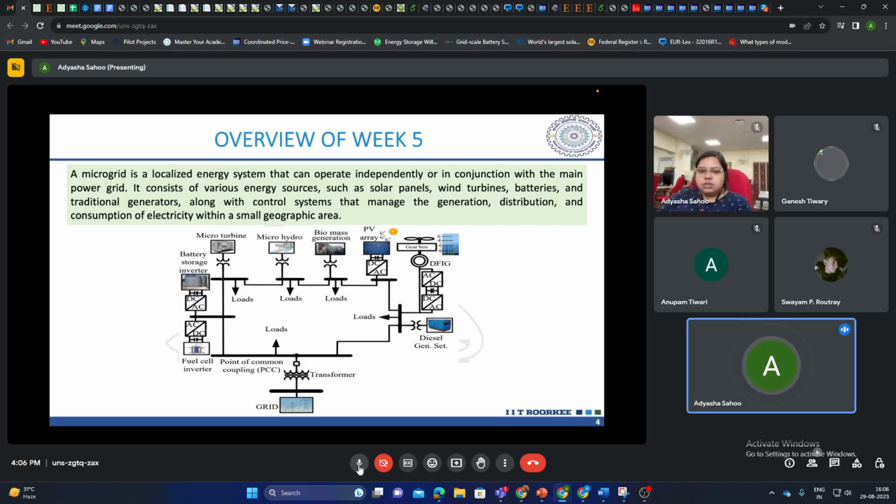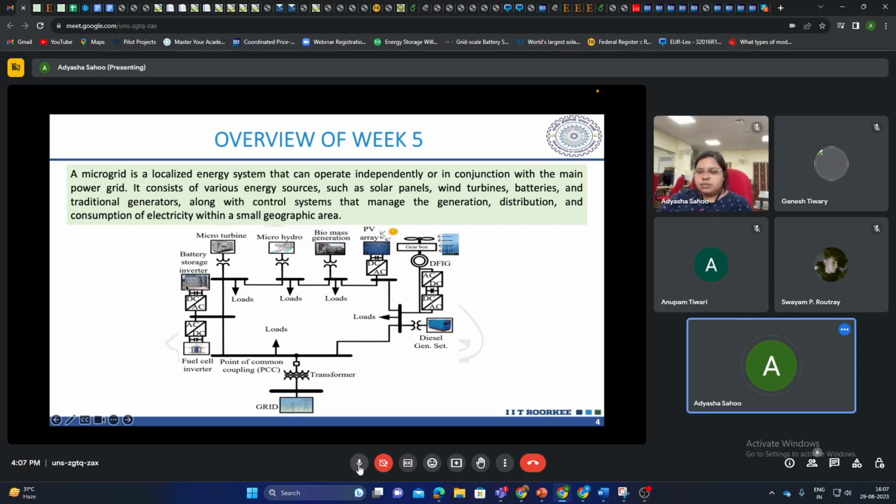As you may see in this schematic diagram, firstly we have the main power grid, then a step down transformer, and this is the PCC or point of common coupling. In this microgrid, we have a wide variety of energy resources, starting from PV, biomass, small micro hydro generation, micro turbines.